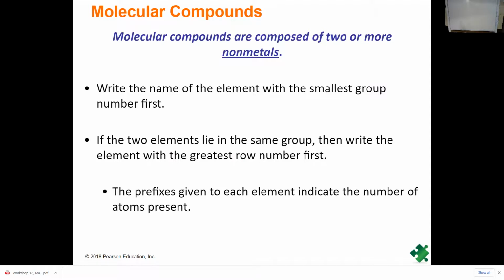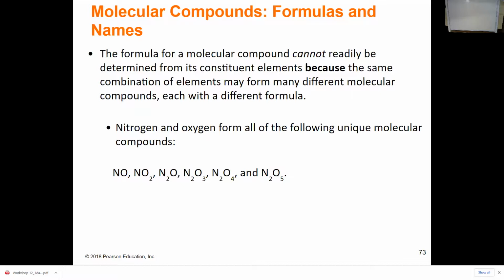We are going to first write the name of the element that has the smallest group number, right? If 2 elements happen to be in the same group, you're going to write the one with the greatest row number first, and then the one with the smaller row number. And your prefixes are going to tell us how many atoms of each element are present in the particular compound that you're looking at. Okay, let's actually go back to this slide.